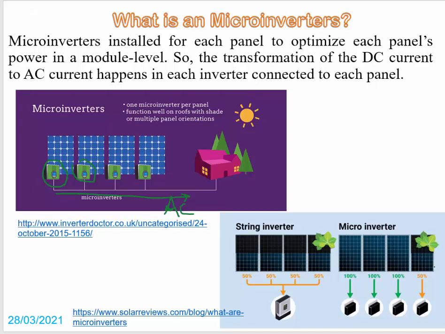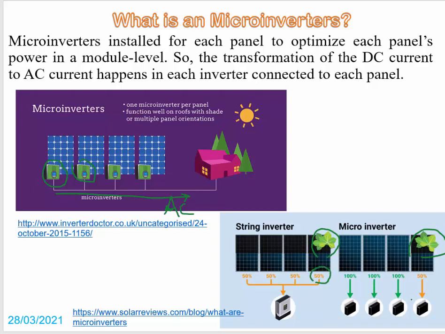We can see here when we have the problem of shading. In the first type, the string inverters, the efficiency of the whole system will be reduced to half because this solar panel is shaded and its efficiency is reduced to half.